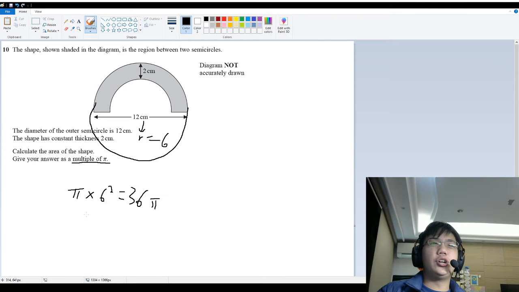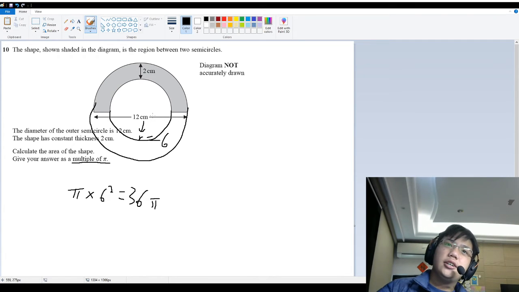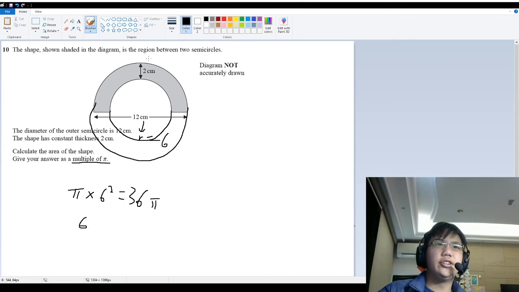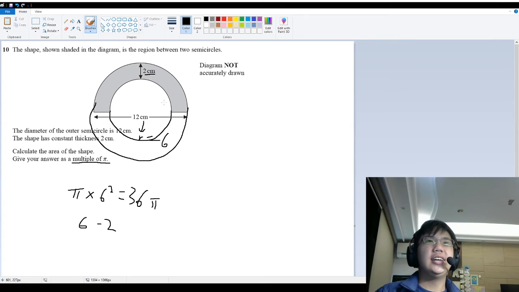So to the next part of the question, we need to figure out the area of this smaller circle contained inside this bigger full circle. For this circle, the radius would be 6, which is the radius here, minus 2, as the outer circle has a constant thickness of 2 centimeters, so the inner circle would have a radius 2 centimeters smaller than the radius of the outer circle.